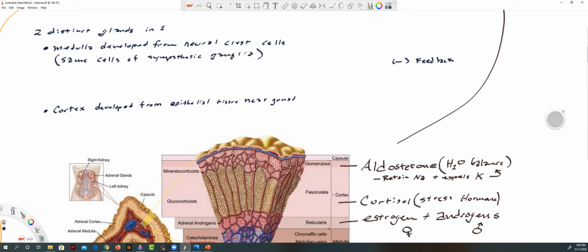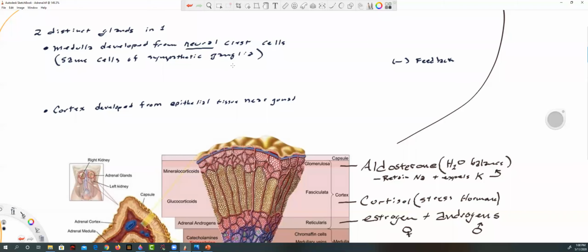The medulla is just like a kidney, the medulla is on the inside, and that develops from neural crest cells. So neural, as in neuron, crest cells. These are the same cells that create the sympathetic ganglia, or part of the sympathetic nervous system.